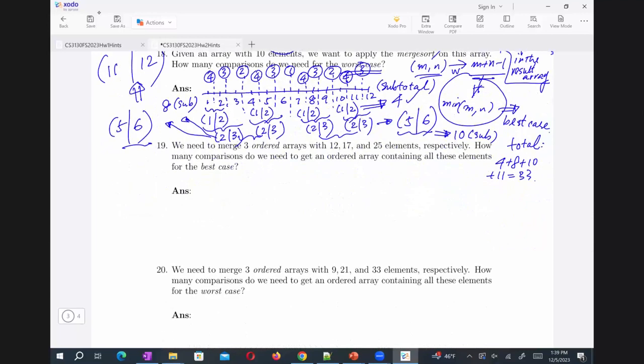First, we do the best case or worst case. Here, best case. We have 3 ordered arrays.